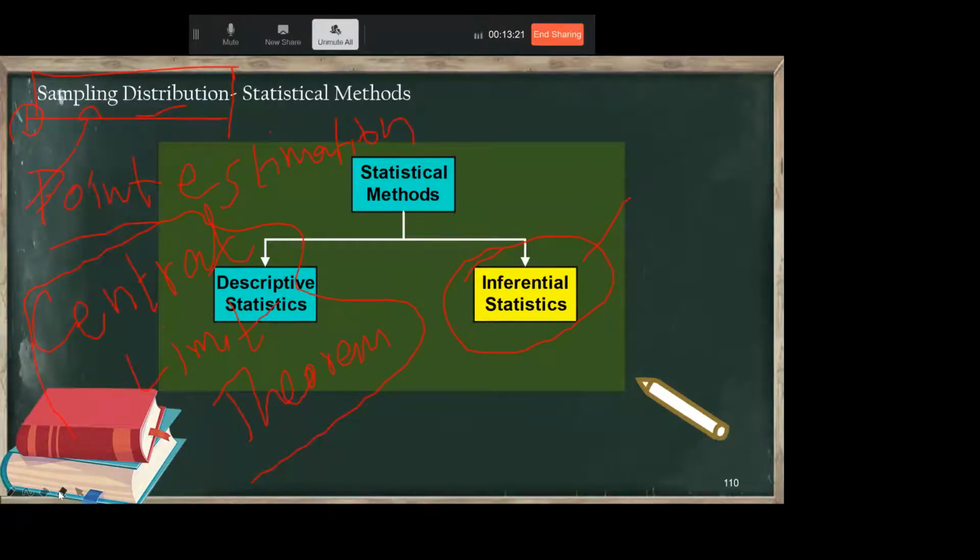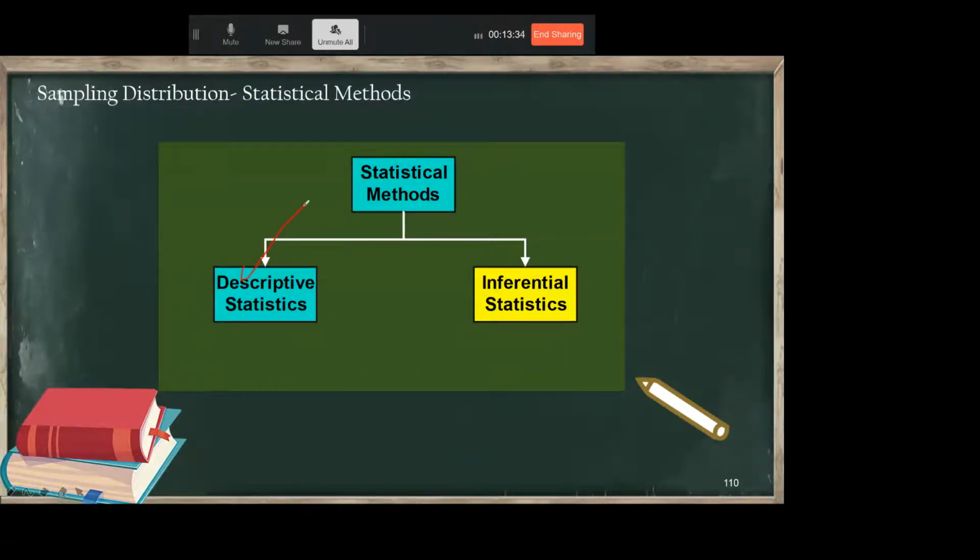Understand? Is it clear? Most of these concepts you are supposed to be clear about already, especially regarding descriptive statistics. If you recall the very initial lesson, we explained statistics in two categories: descriptive statistics and inferential statistics.